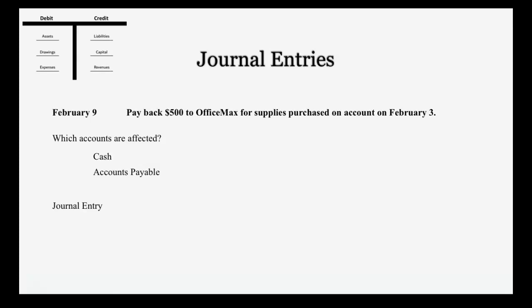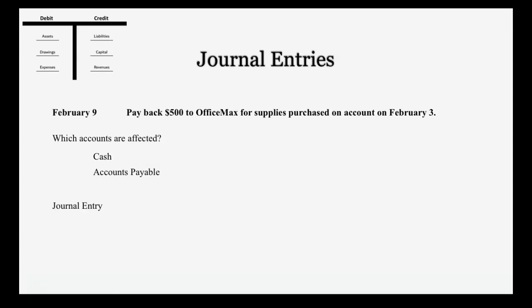So now when working on this journal entry, we need to think about what is happening to these accounts. Well, your cash account has to decrease because we are paying money to OfficeMax.